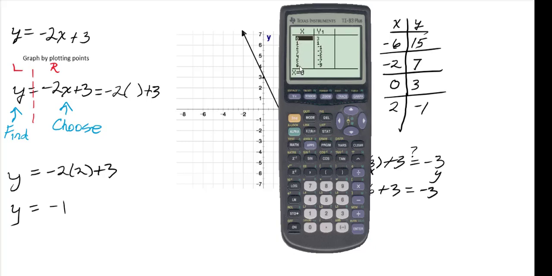So notice the X values are on the left, so I can move through the table of values using the directional pad. Notice the X values seem to be in consecutive order, and here are the associated Y values, and I can scroll to the Y column just by using the right button.